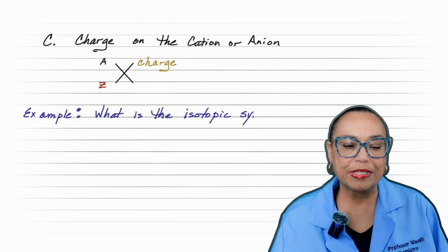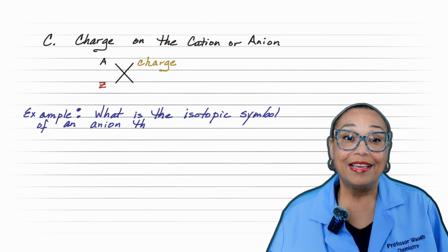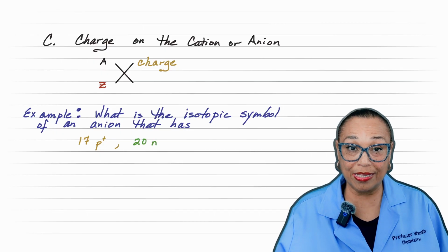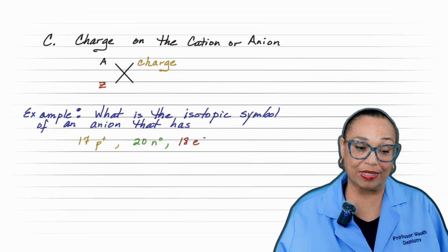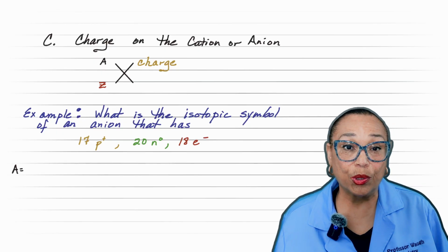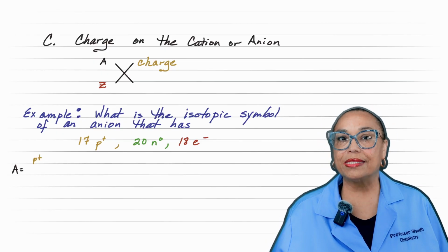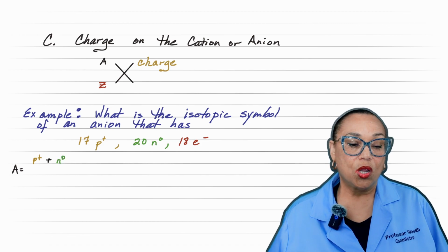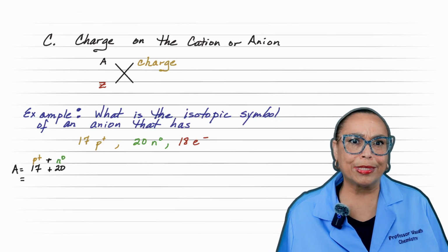What is the isotopic symbol for an anion that has 17 protons, 20 neutrons, and 18 electrons? So A, the mass number, you know it's the number of protons plus the number of neutrons. It has to be a whole number. So 17 plus 20 is 37.